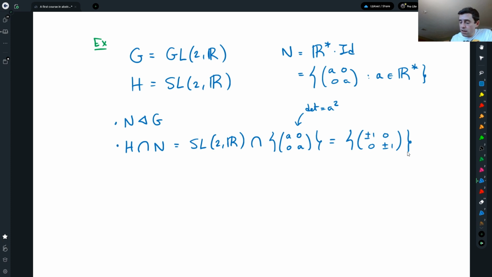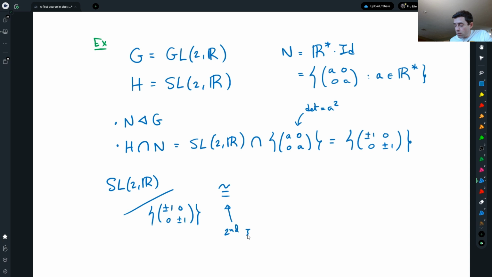So what is SL2(R) quotient by plus minus 1? This is just the identity and minus identity. This quotient, by the second isomorphism theorem, will be the product. By the way, how much is H times N? H times N is all of SL2 times matrices that have any determinant, really.